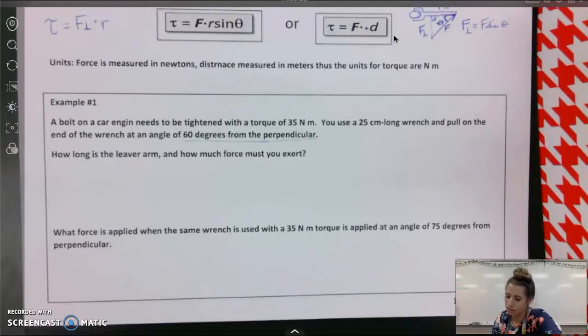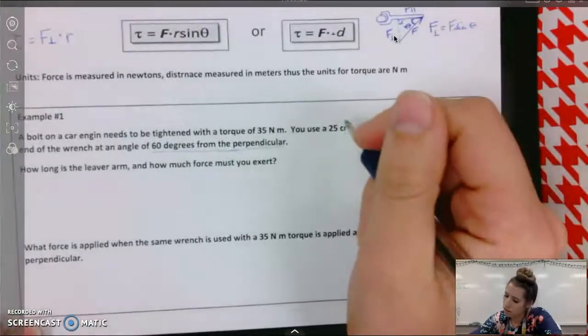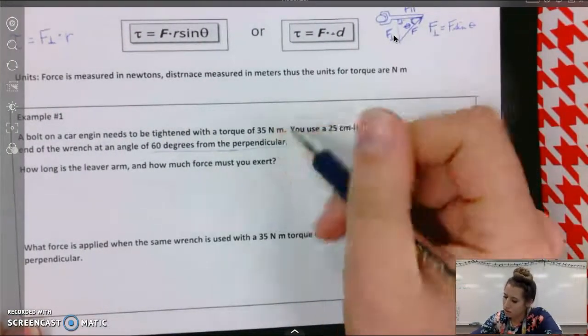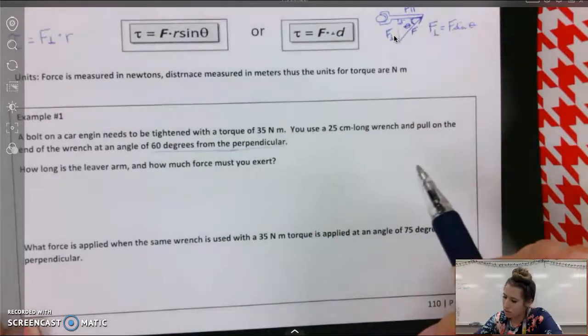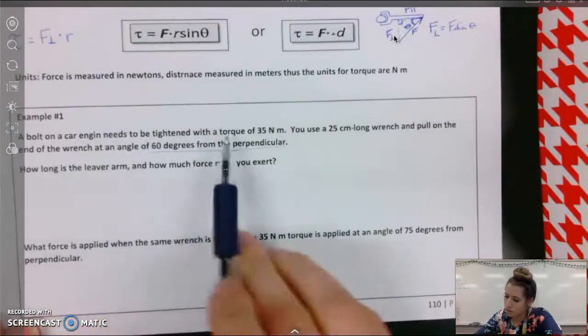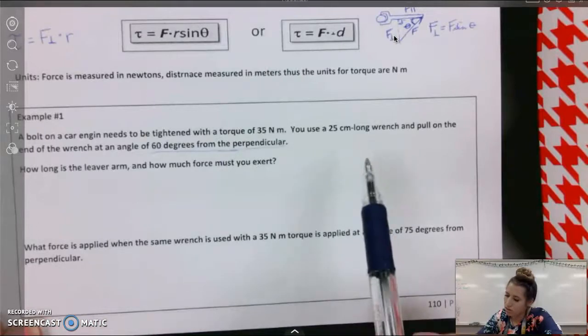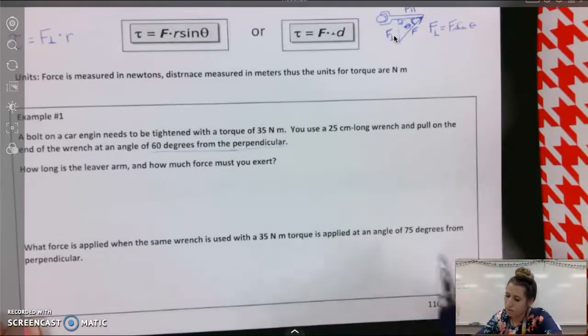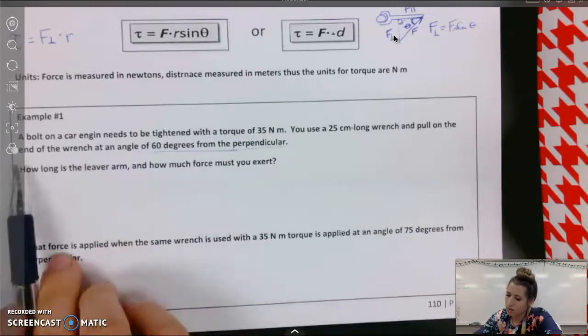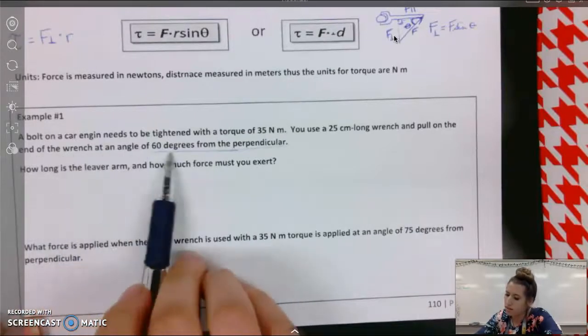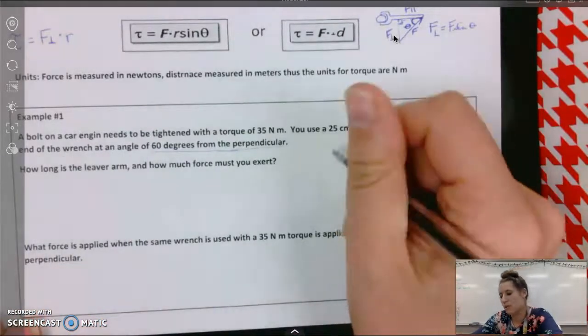Let's draw a picture of what's happening here. A bolt on a car engine tightened. We have a torque that we're applying, or it needs to be tightened with that torque. You use a 25 centimeter long wrench to pull the end of the wrench at an angle of 60 degrees from perpendicular.